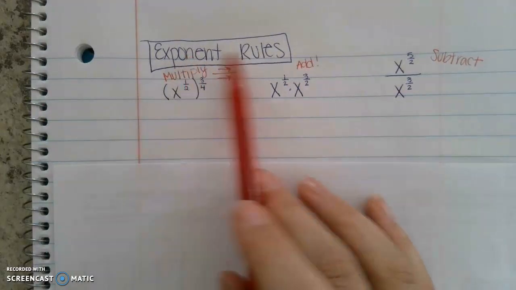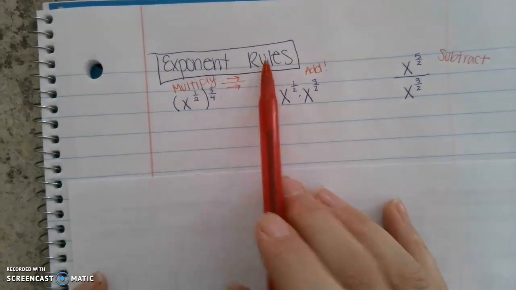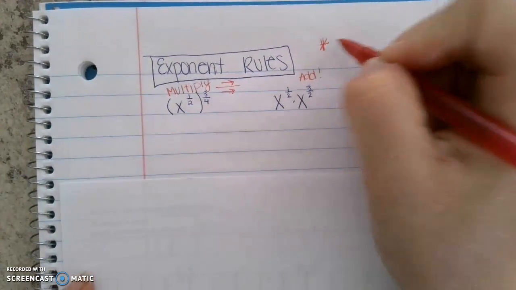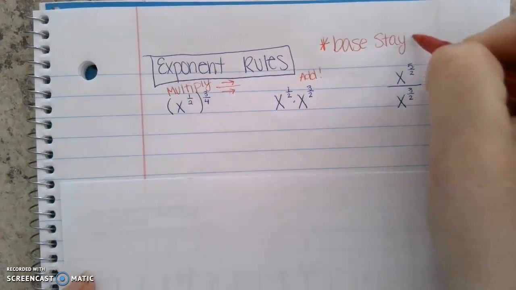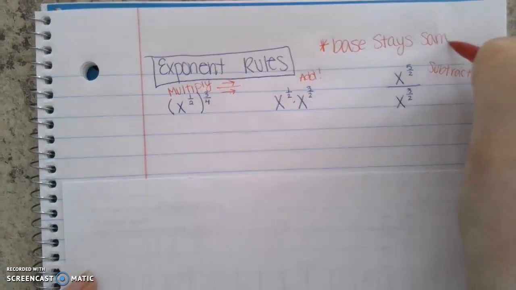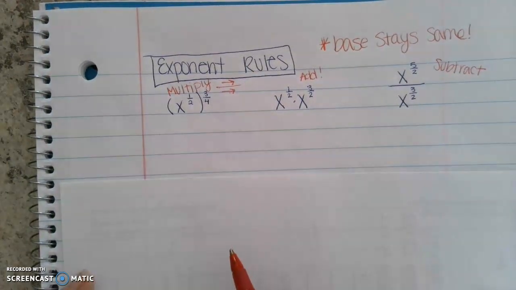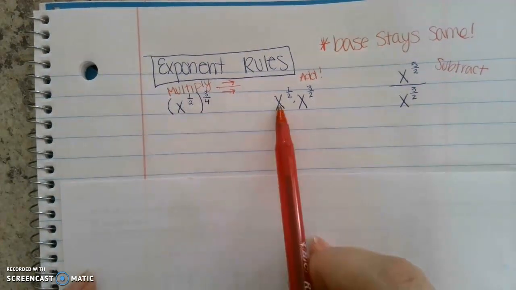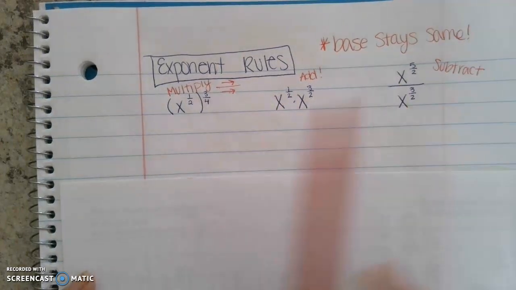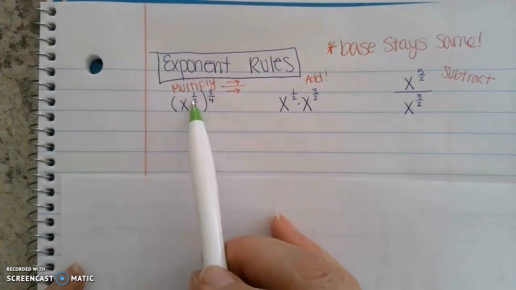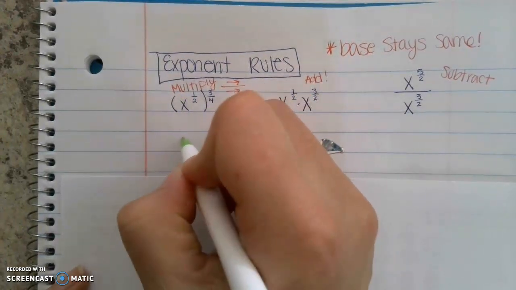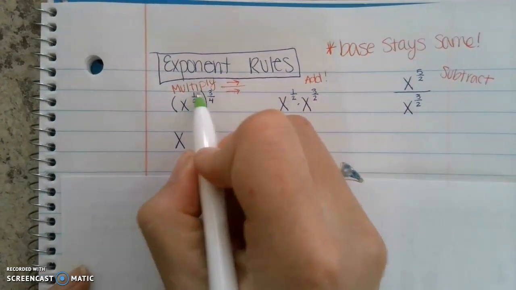Okay, and again, we're just focusing on these exponent rules. Make a note to yourself, your base stays the same. It never changes. So our base for all of these is x. So we're always going to keep that same base here. So looking at this first one here, I want to multiply the top and the bottom of my fraction.